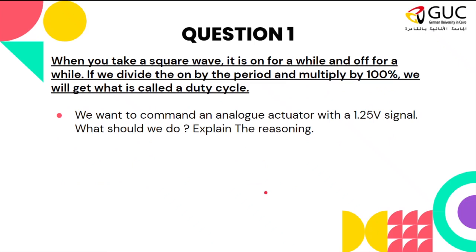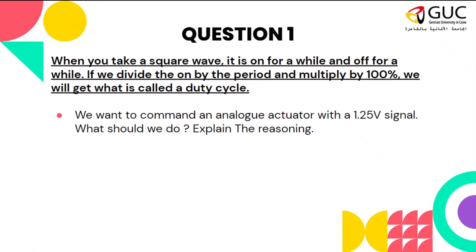Now the question is saying we want to command an analog actuator, which is some sort of a motor, with a 1.25 volts signal. What should we do? Explain the reasoning.